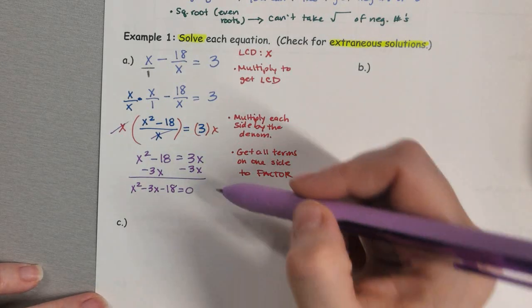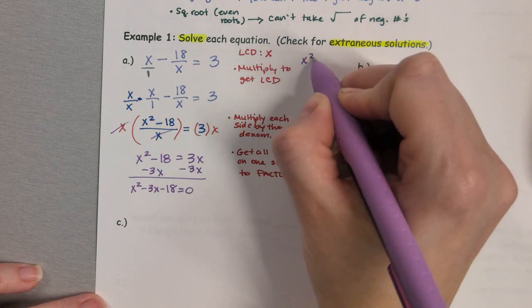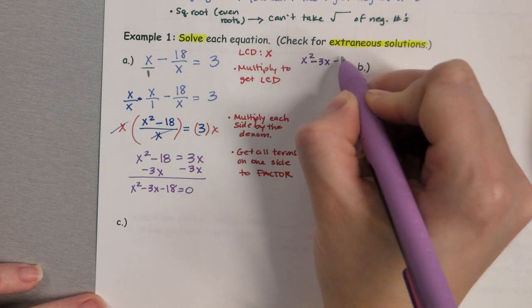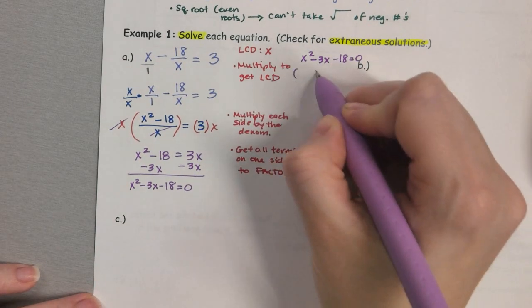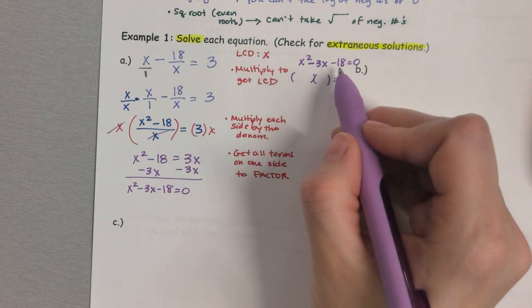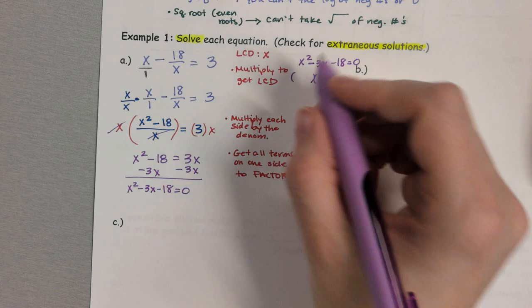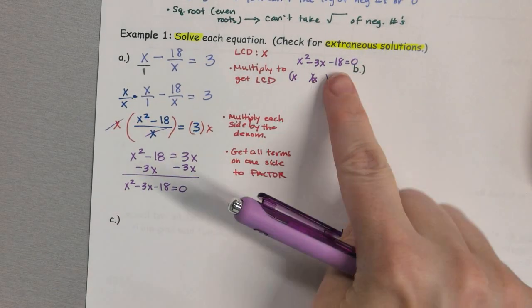Okay, so I'm just going to bring this up here. The x squared minus 3x minus 18 equals 0, so that I can factor. I'm looking for 2 numbers that multiply to negative 18 and add to negative 3. Start each one with x.